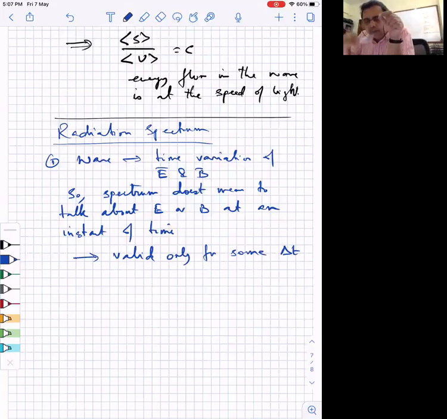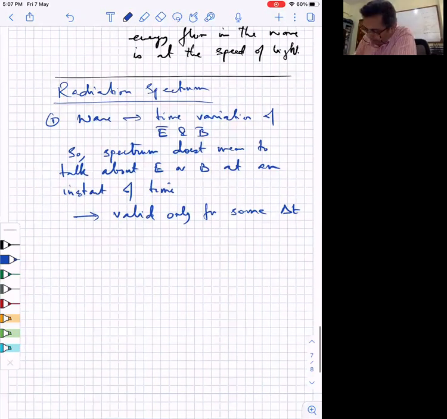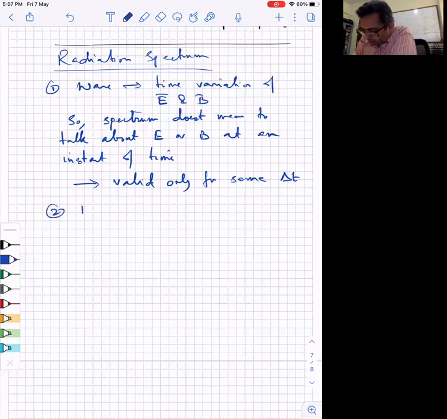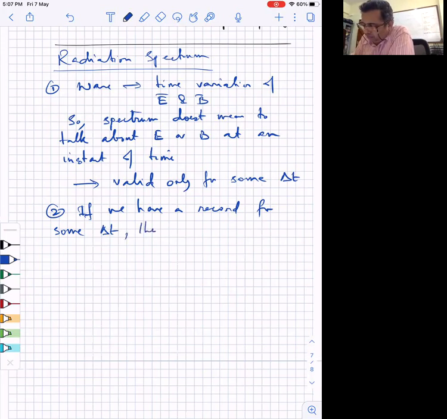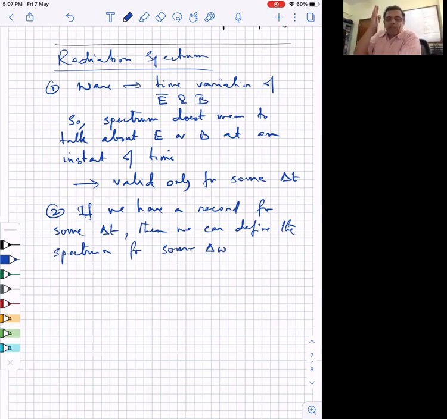So if we have a record of the radiation for some delta t, then we can define the spectrum for some delta frequency, because spectrum means I need to know the energy as a function of frequency.